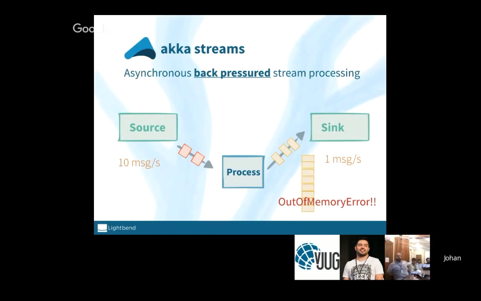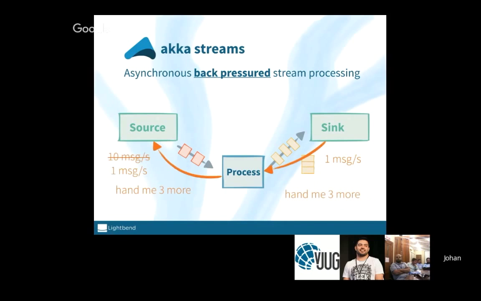Back pressured in this context means that instead of having the source, the producer, blindly push these 10 messages per second, we will have a way for the sink, the slow consumer, to actually propagate information that it cannot consume faster. So it will tell upstream, it will tell the stage that it can only handle 3 messages.